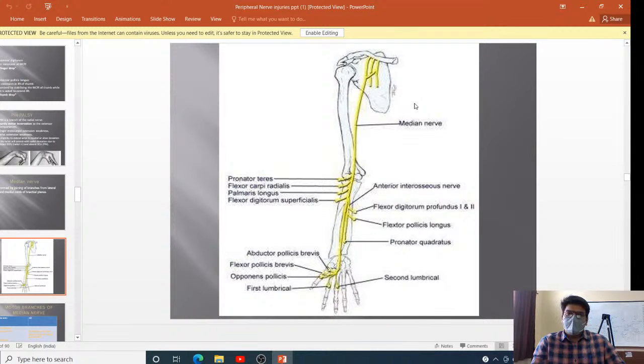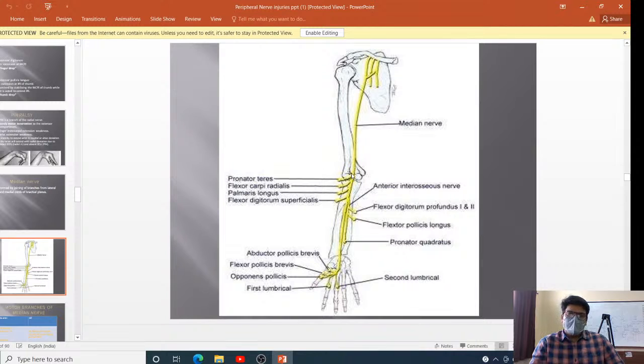The median nerve doesn't have any branches in the arm, only some arterial branches to the brachial artery.